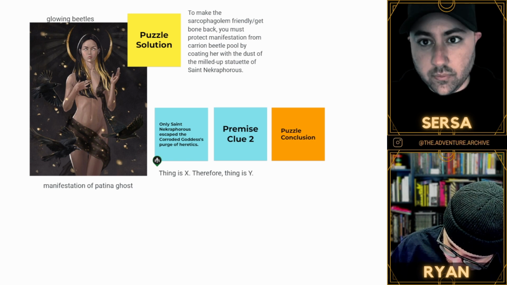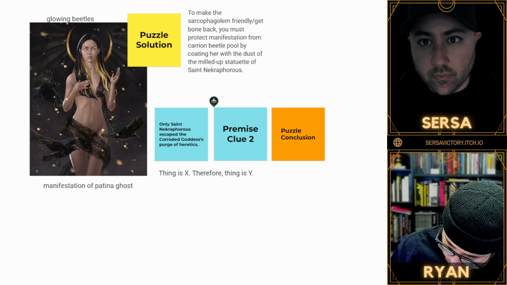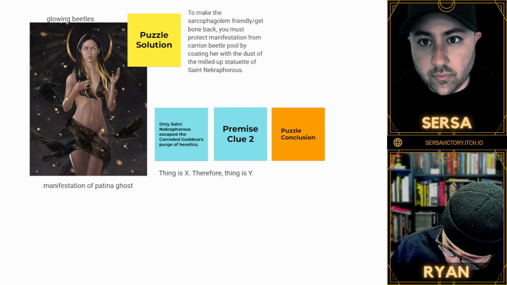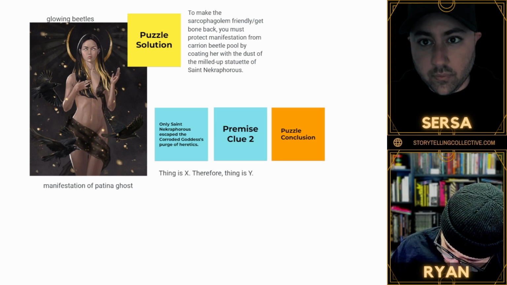It would be either, whoops, hang on a second. Only Saint Necrophorus escaped the corroded goddess's purge. So it'd be something like the statuette of the saint with, and then we'll put some detail. Escaped the purge.